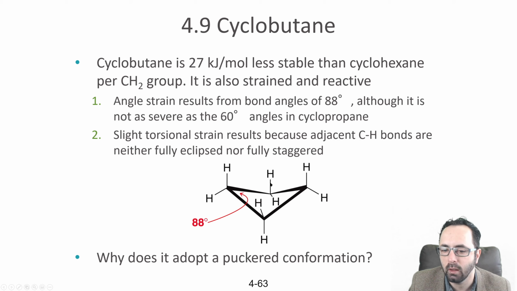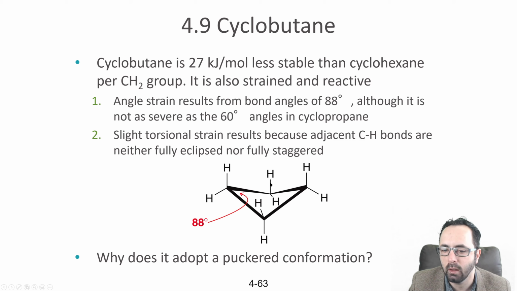Cyclopentane is very close to the stability of cyclohexane, only 5 kilojoules per mole less, and it's because the angle strain is quite small. The angles are almost 109.5. There's a little bit of torsional strain. You can see it with these hydrogens. These hydrogens here are kind of close to one another, but mainly they're staggered.